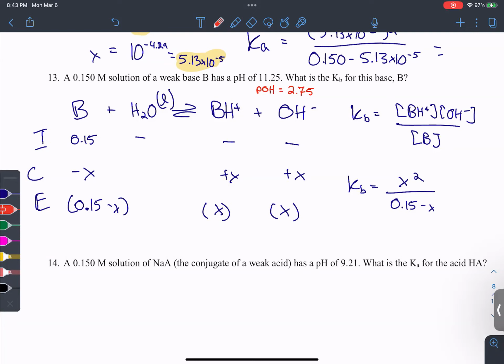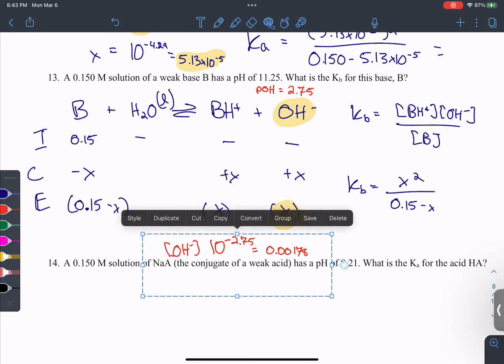So the OH minus concentration at equilibrium, which is X, is not 10 to the negative 11.25, it's actually 10 to the negative 2.75. Whatever number that is, my key says 0.00178 molarity.